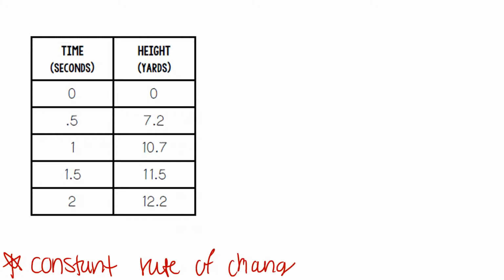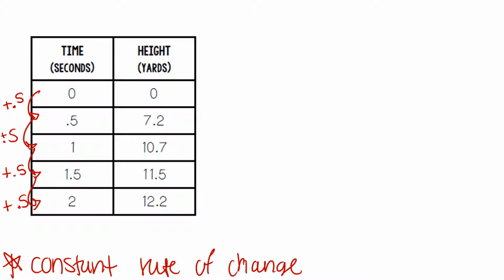Again, another table, so we're looking for the constant rate of change. So going here, 0 plus 0.5 is going to give us 0.5. 0.5 plus 0.5 is going to give us 1. 1 plus 0.5 is going to give us 1.5. 1.5 plus 0.5 is going to give us 2.